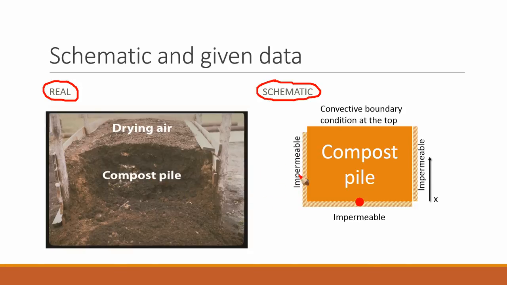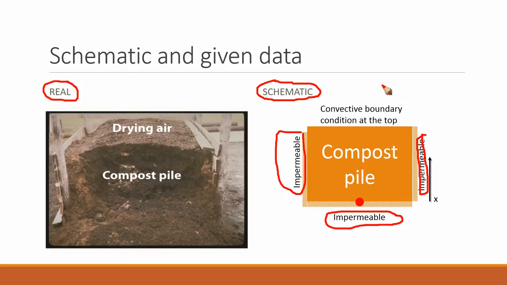So in this one, for example, the two sides are impermeable. So we have no moisture transport on the two sides. Then the bottom layer is also impermeable. And basically, the drying only happens from the top.